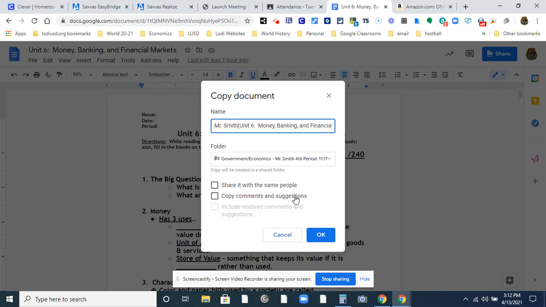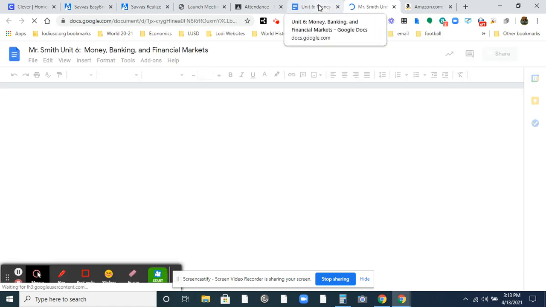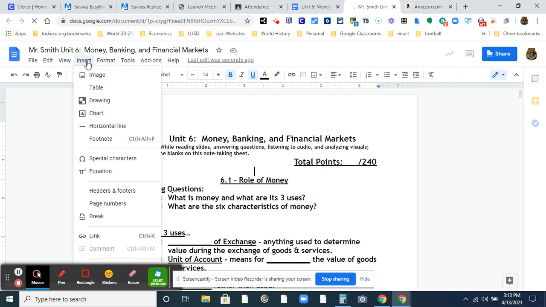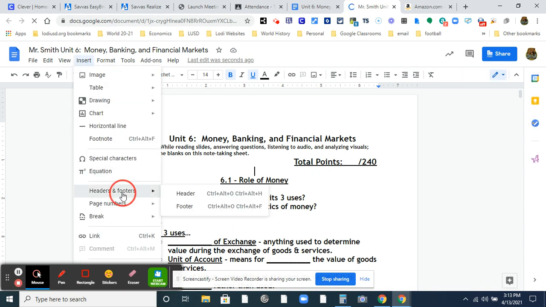The reason why I'm doing this is so I don't go too fast and make sure it's doable. This would happen when you click that first document, it'll look like this. But then you're like, well, how do I, I can't get in here. What do I do? It's no big deal. All you do is find insert and look for the header.